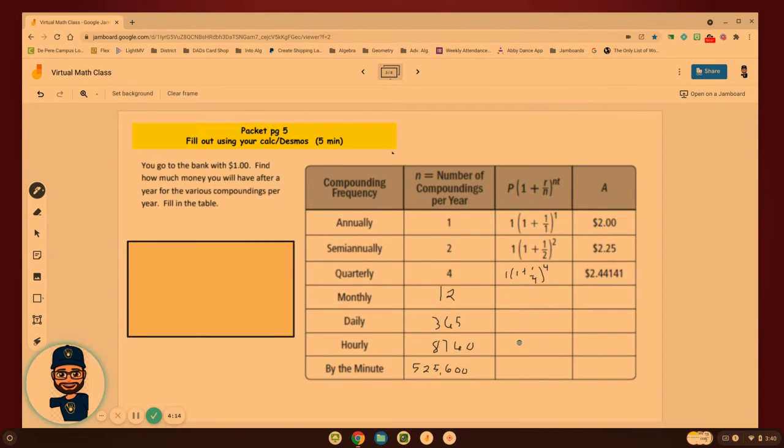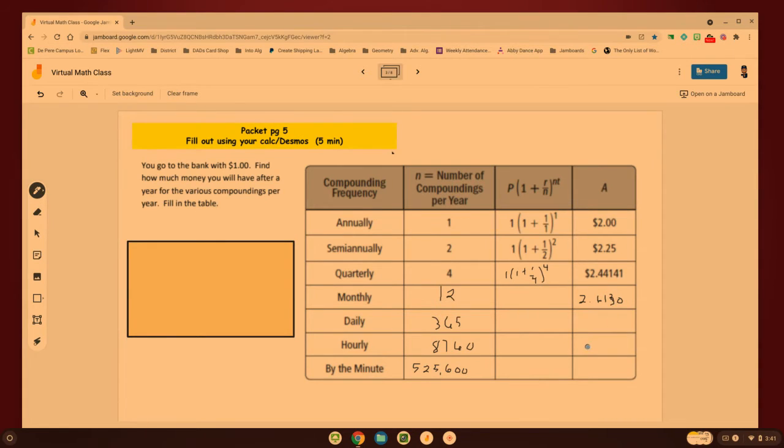Why don't you take a minute to pause the video here and see what you get for these values in the right-hand column if that's what we're compounding. All right, by my account, we're going to get 2.613 with a bunch of other numbers.